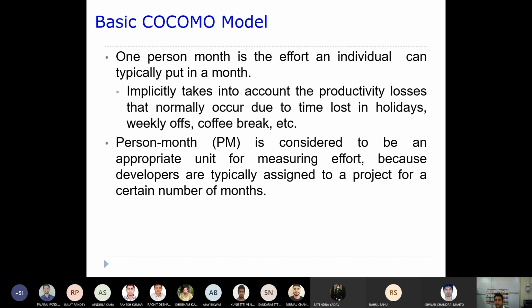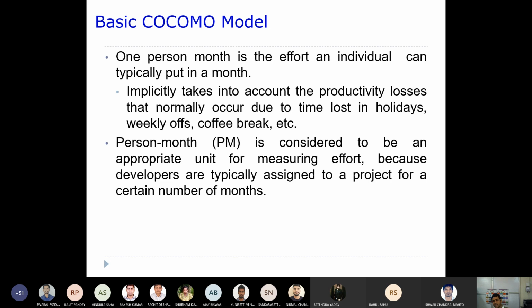When I say one person is working a month, it doesn't mean the person is working 24/7. Usually he goes to the office and works 8 hours, out of which he takes some coffee breaks, and there are also some holidays and weekly offs. We have taken that into consideration while calculating these estimations.